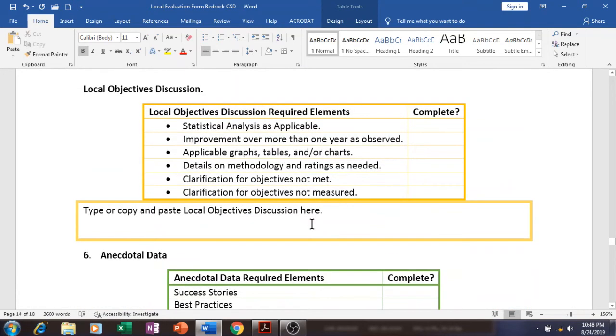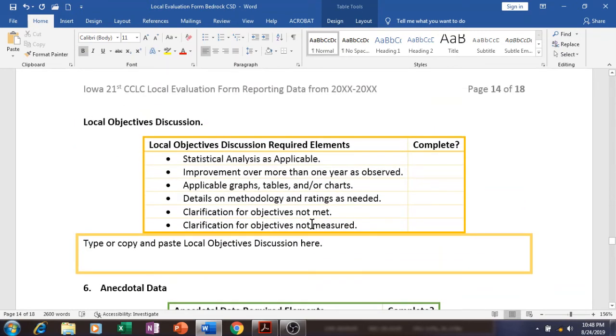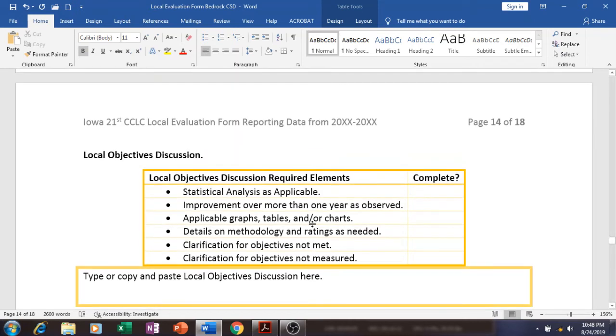All right, let's take a look at our discussion section for local objectives. Now here's where you're going to expand on your objectives. Statistical analysis is important for some objectives that use a lot of numbers, and that explains whether or not there was a statistical improvement or not.